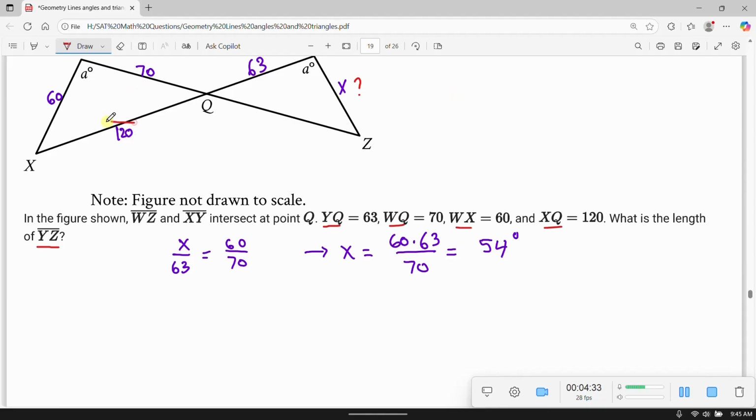I'm not going to use this 120 because there's nothing there. So I'm going to find X by setting up this proportion equation, X over 63 equals 60 over 70. Then I'm going to cross multiply 63 over to the right hand side. The answer is 54.